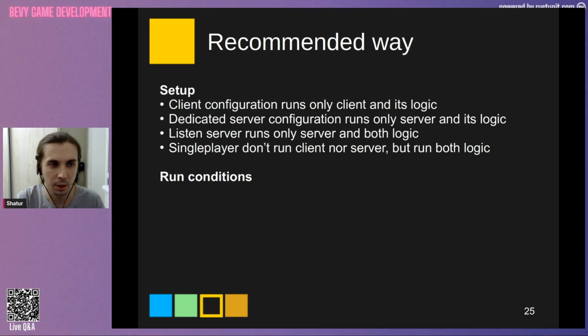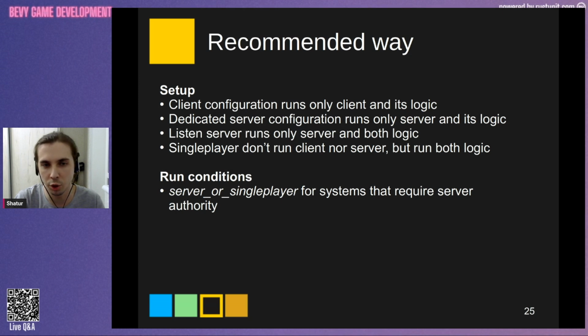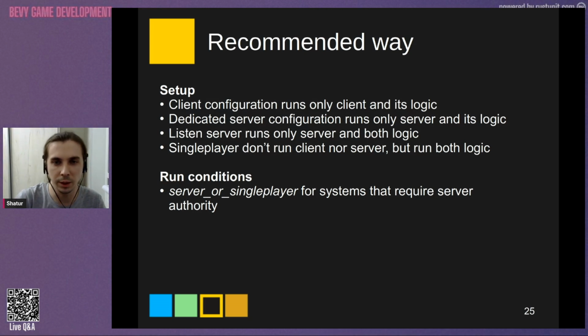And to achieve this, the user just needs to use run conditions. There is a run condition called server or single player that is usually applied to systems that require authority. These are systems that actually apply damage, and systems that send server events or receive events from clients.